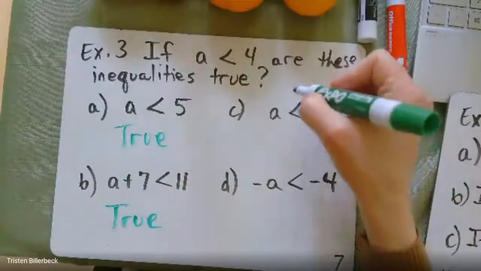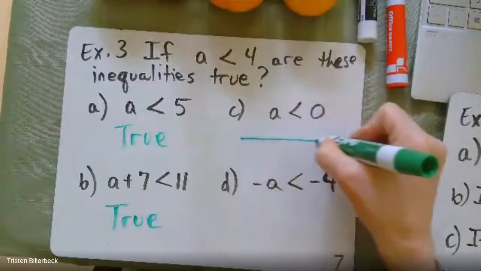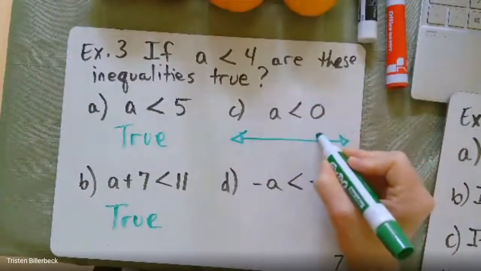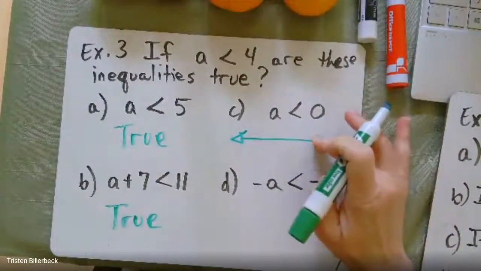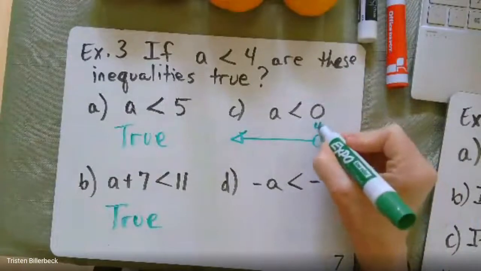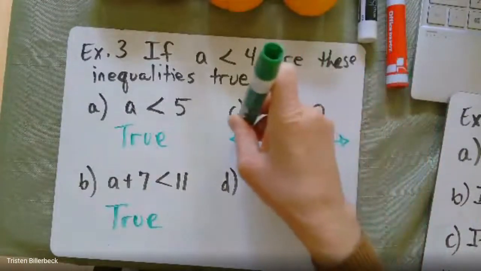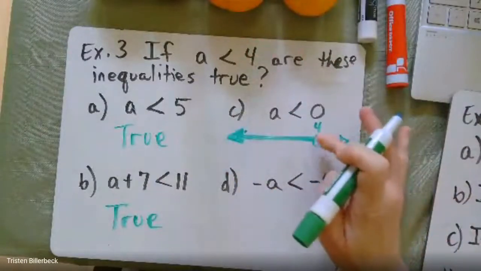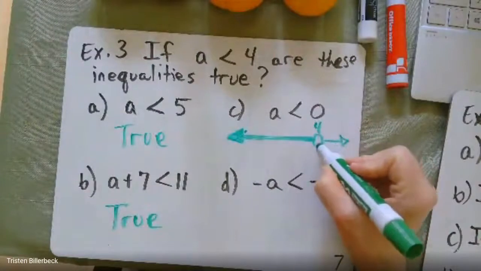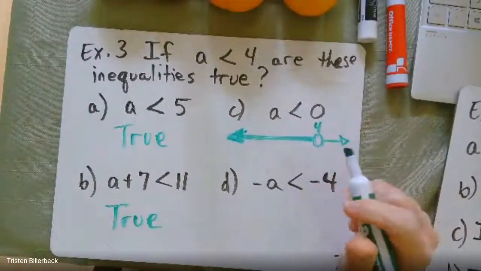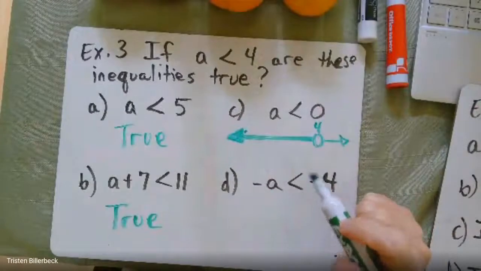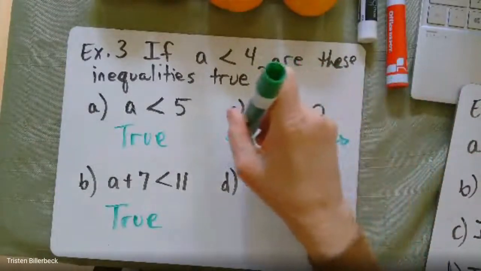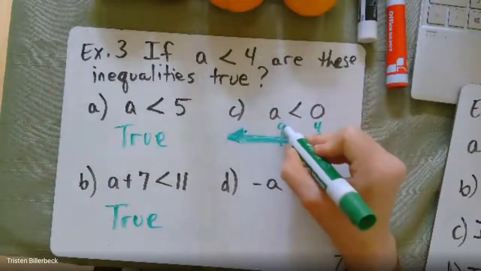Well, okay, let's look at this number line. So we're using an open point at 4. And A can be everything that's below 4. Can't be 4, so we're using a fence around 4. You can't get to 4. That's why it's open. It's a fence around 4. And then everything down below, it can be. So it can be 0.